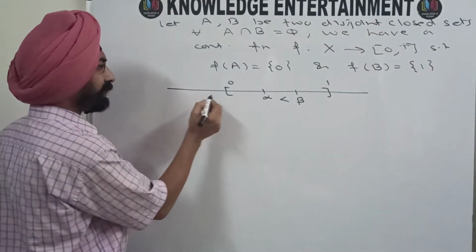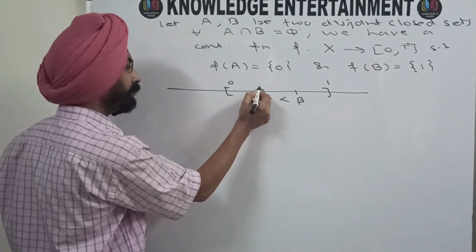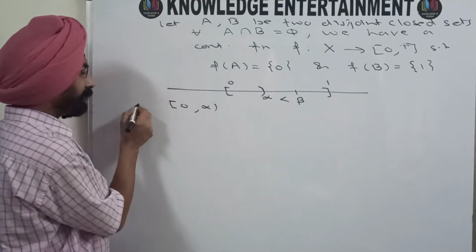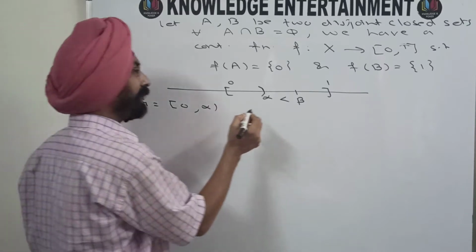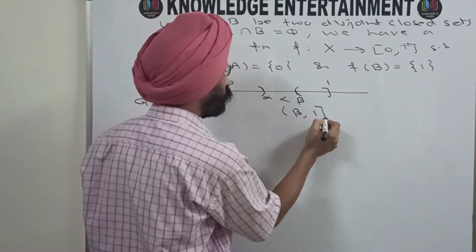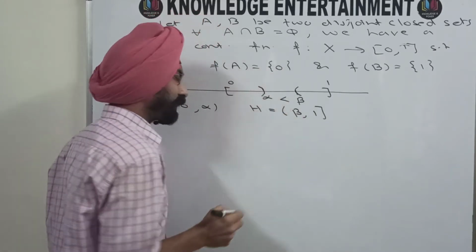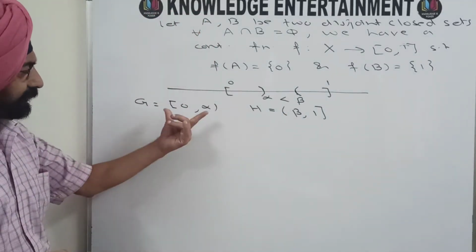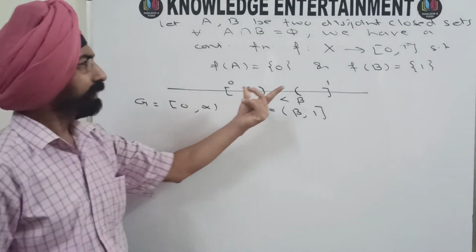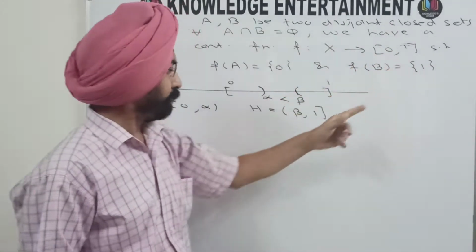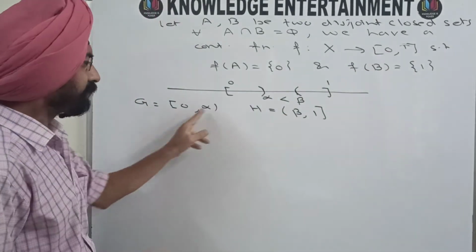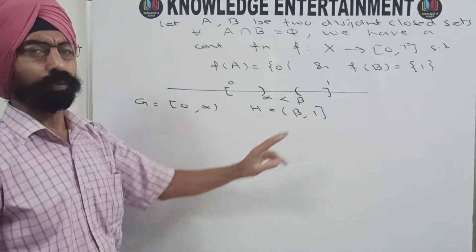Now consider the interval [0, alpha), name it as G, and (beta, 1], name it as H. This [0, alpha) is a sub-basic open set in the topology of the closed interval [0,1]. Similarly, (beta, 1] is also a sub-basic open set. So these two are open sets.